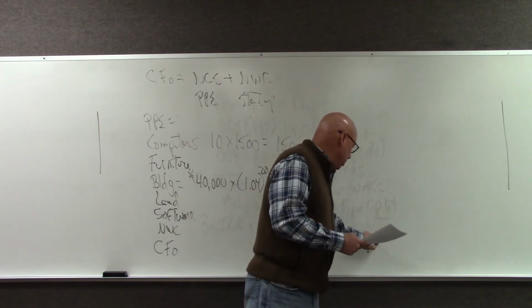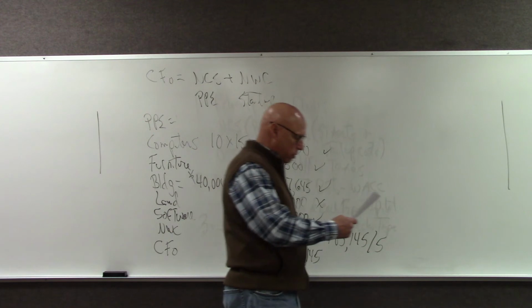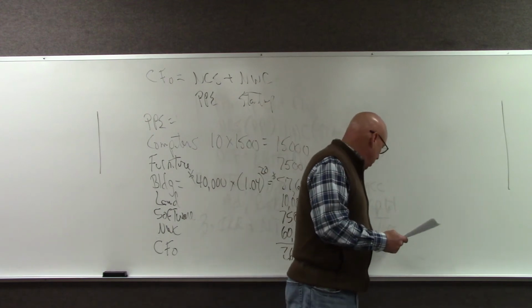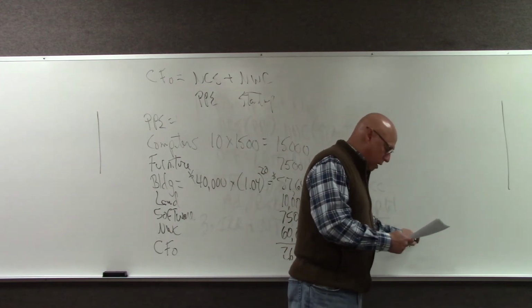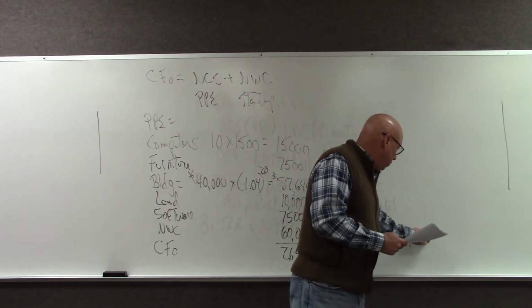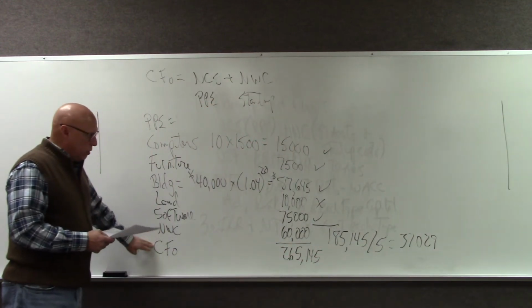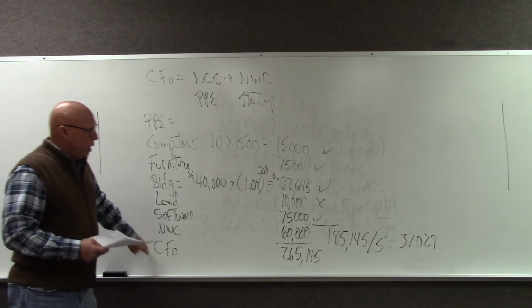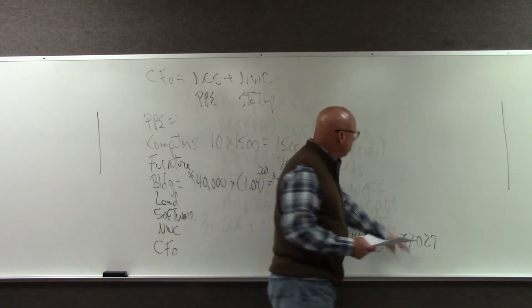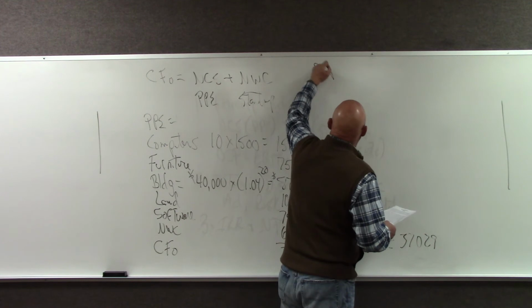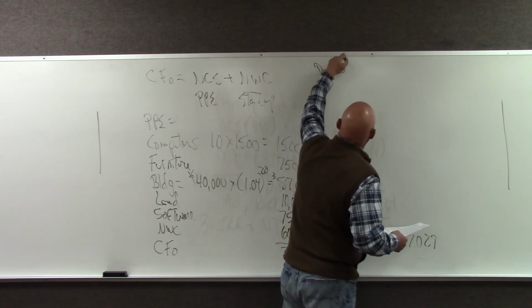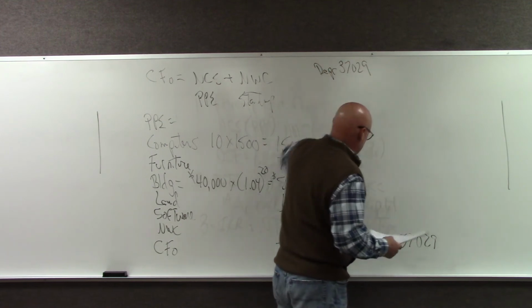It's a 5-year project with no residual or salvage value, straight line. So our depreciation is going to be $37,029. Okay, so we have our CF0, and now we have our depreciation. So let's stick our depreciation up here, just so we'll remember: 37,029.